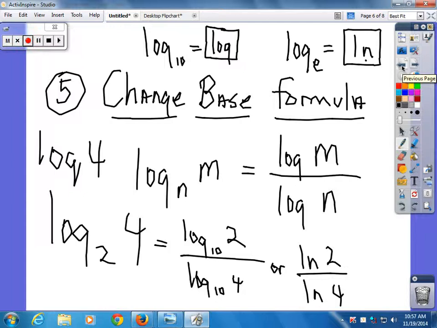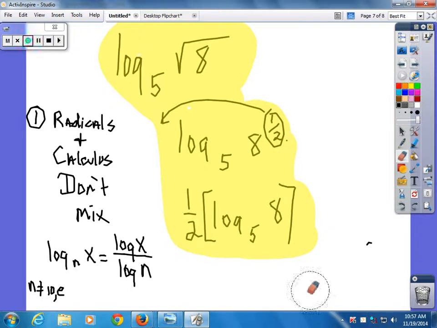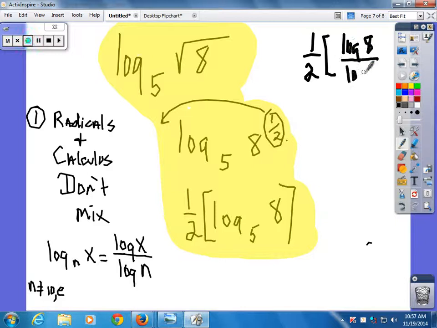This is right. Log of m over log of n. The base is on the base. Just remember the base is on the base. And that means the first time we did this, it was correct. Okay, so my bad. Or somebody's bad. I don't know whose bad it was. Maybe mine. So 1/2, that's the log of 8 over the log of 5.